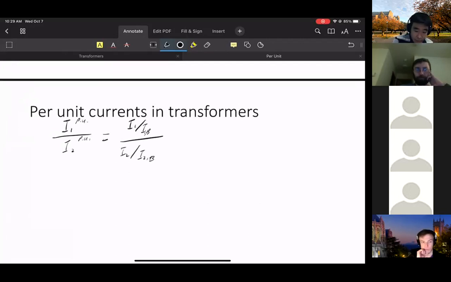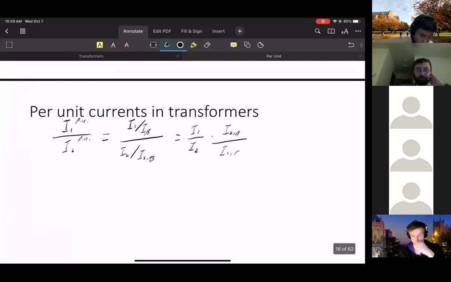For the secondary side, this is I1 over I2 times I2 base over I1 base. So let's choose the base units in a reasonable way. How do we choose the base unit? For the primary side, let's choose the base for power over the base for voltage.